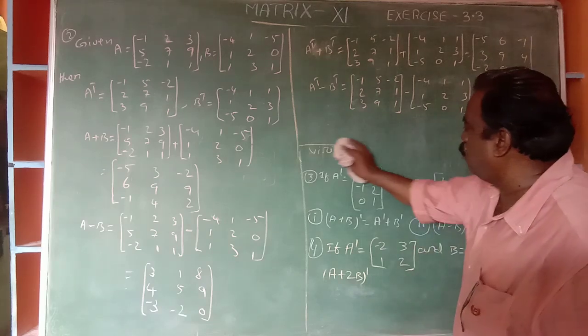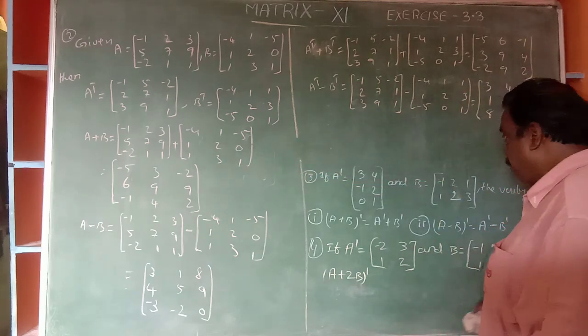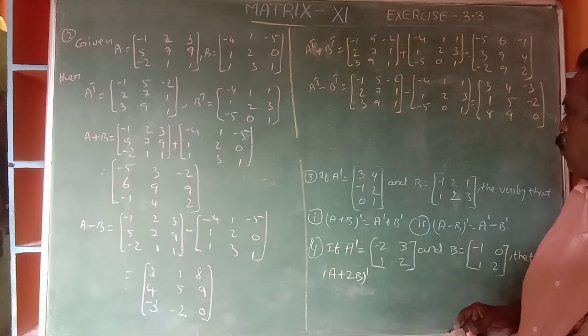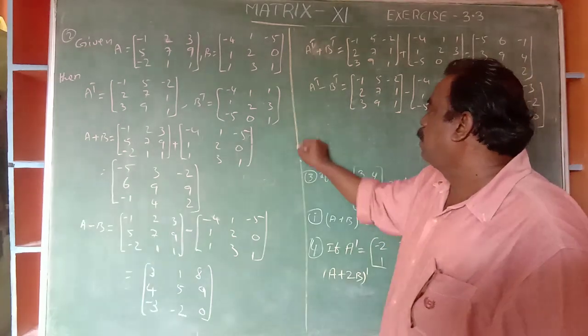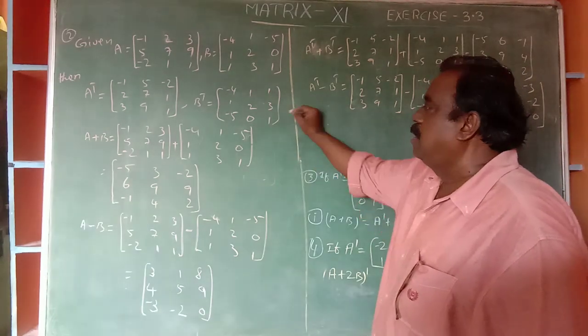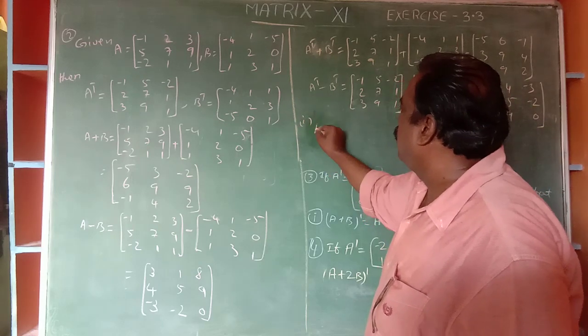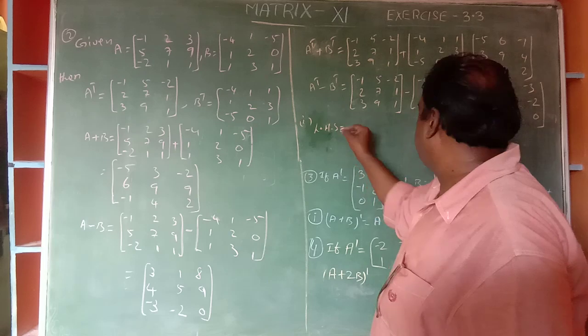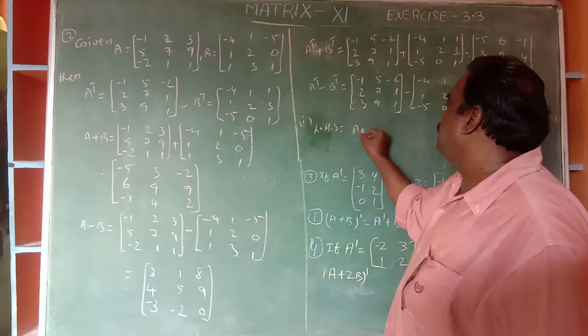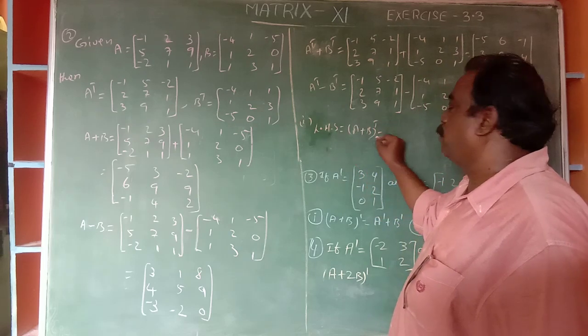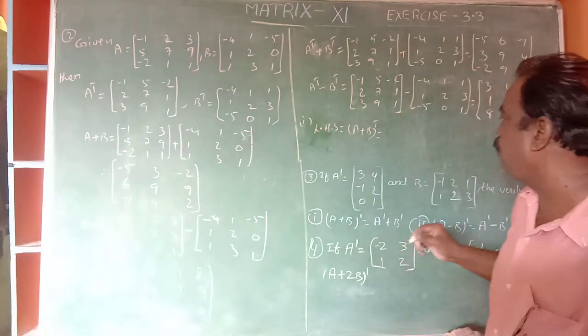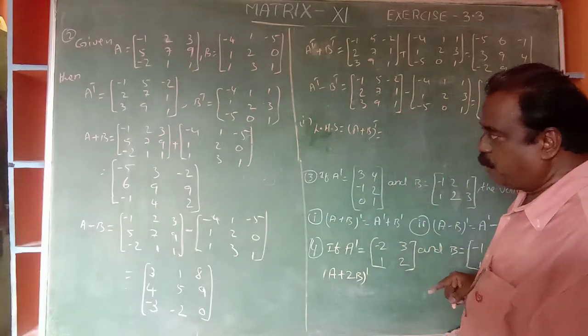Okay, now I erase this one also. Please observe me. Now the first one, you know it well. I will take number 1 and LHS. What is LHS? It is A plus B whole transpose. Whole transpose, you assume. What is A plus B?